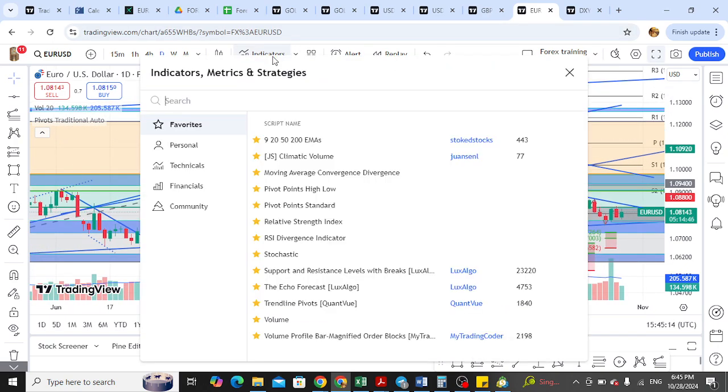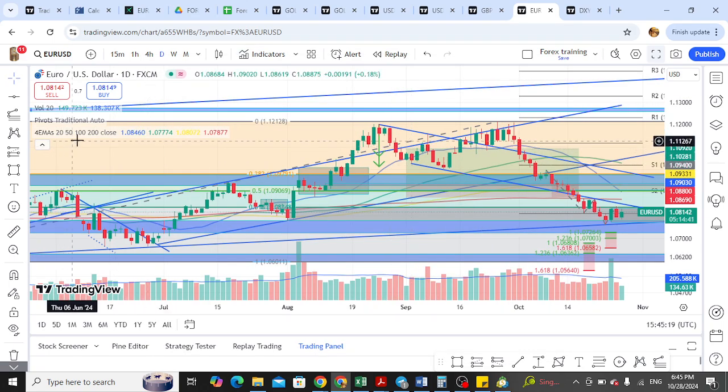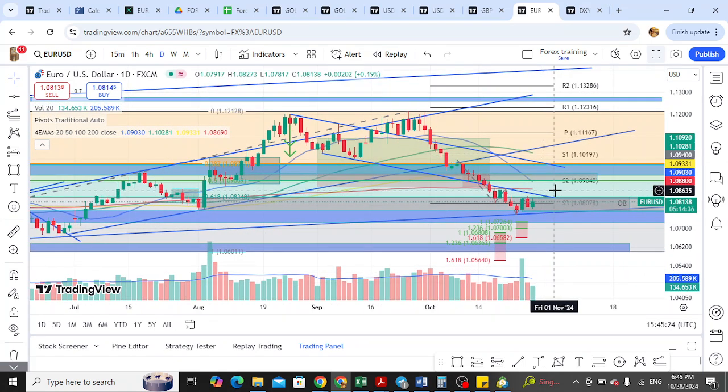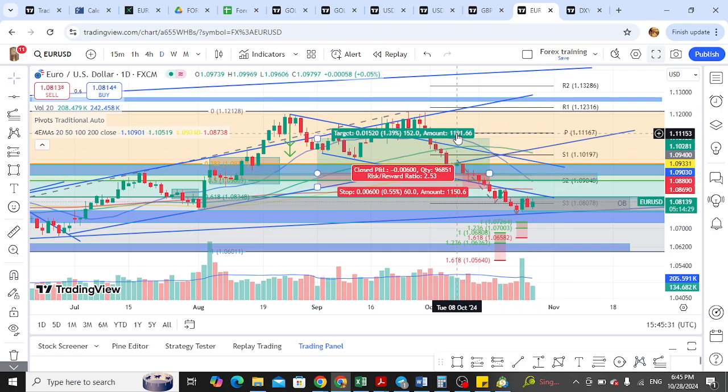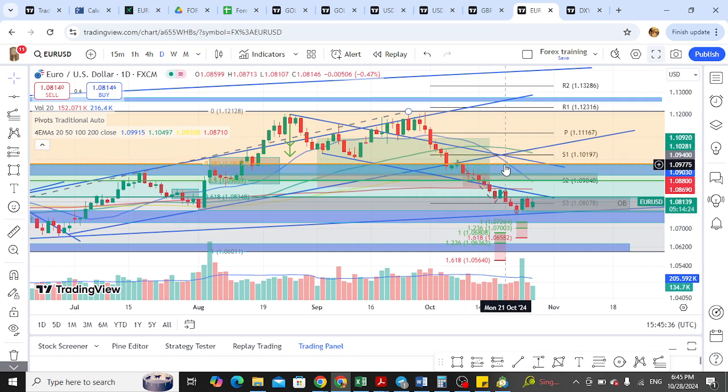So the first thing I look at are the 4 EMAs. I have the 20, 50, 100 and 200 with these colors. I have the 200 here, which can act as resistance. The 20 crossed the 50, which means it's more bearish, and I'm thinking of, if it broke above this, it's a buy.